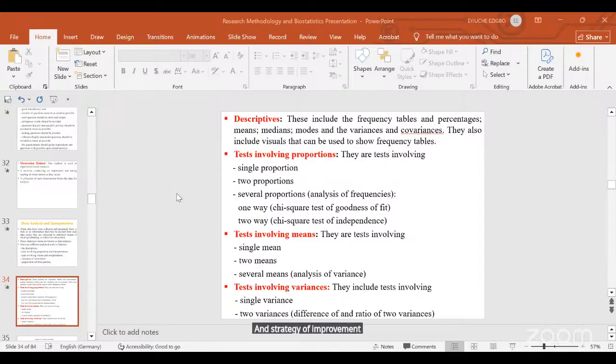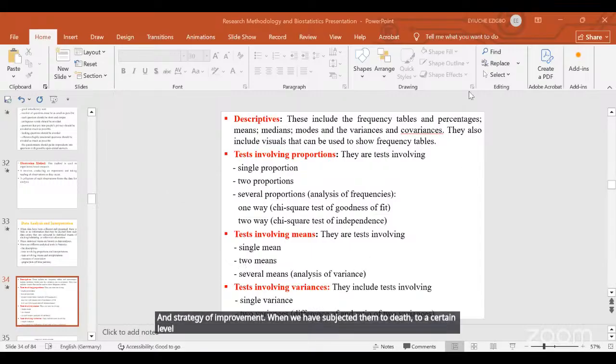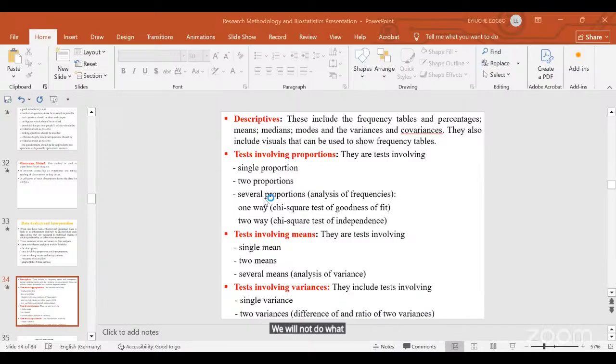When we have subjected them to that, to a certain level, we will now do what? We will bring the same test again and give to them. I'm sure it's understood. When we have given them the same test again, we now have what? Test before and then test after, which is pre-test and what?